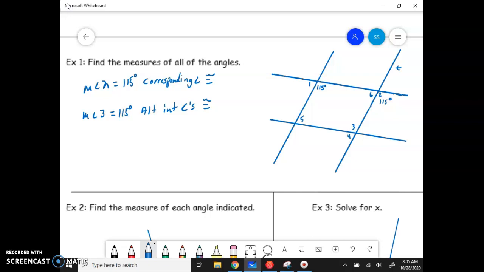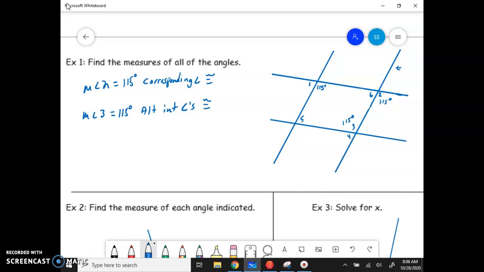All right, what else can I say? If I know that angle 3 is 115 degrees, I can also say that I know the measure of angle 6 because these would be same side interior angles. Same side interior angles are not congruent, right? Angle 3 is clearly obtuse and angle 6 is clearly acute.